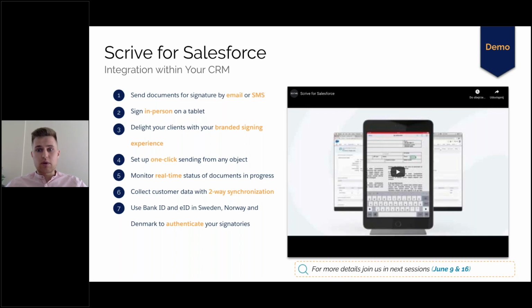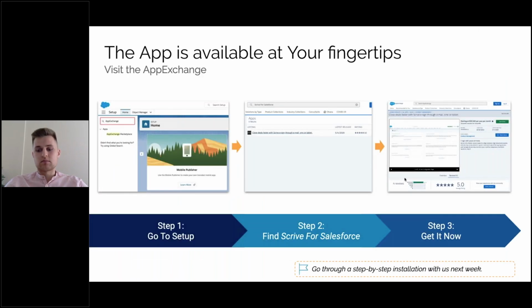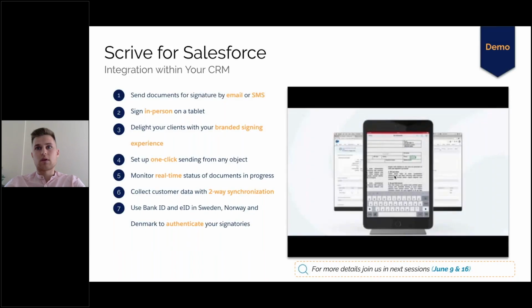And what is also very important to mention, that in Sweden, Norway, and Denmark, you can use BankID or eID to authenticate your signatures. So probably you are very curious how it works. So I will just open the short movie, and I will describe everything you can see there. Okay.